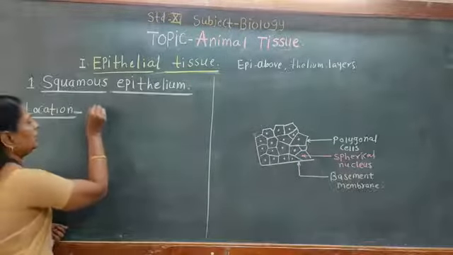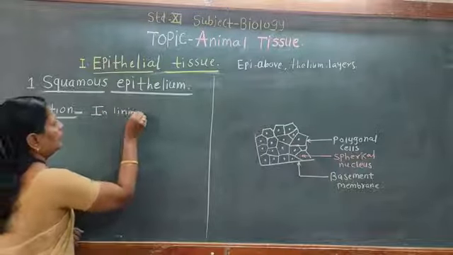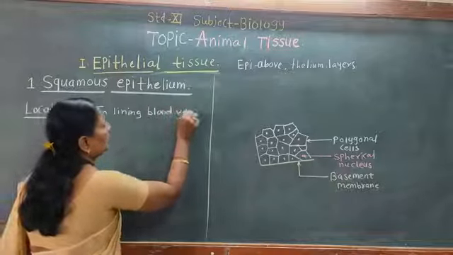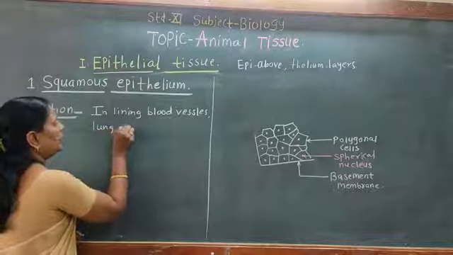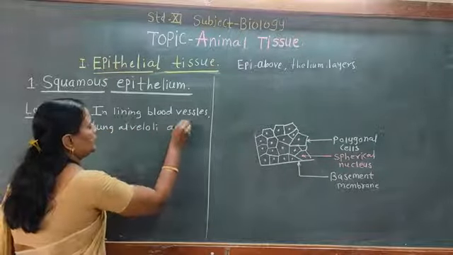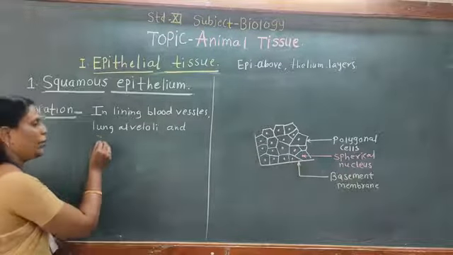It is present in the lining of blood vessels, also in the lung alveoli, and also it is present in the nephron.